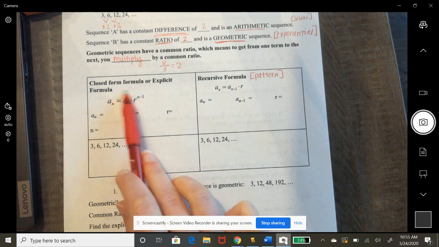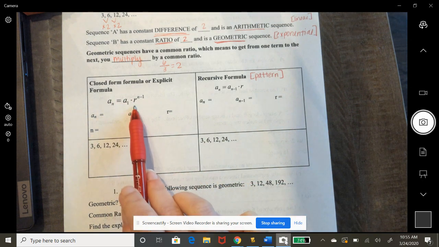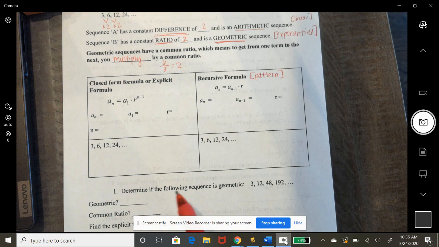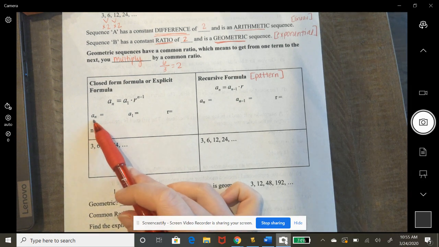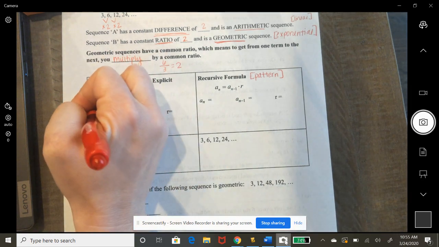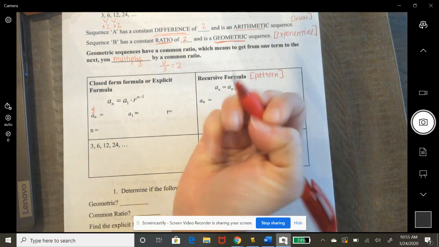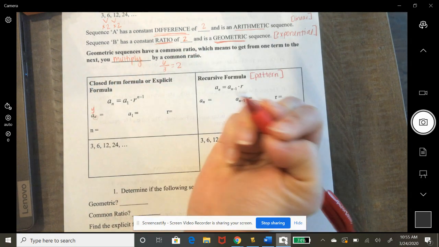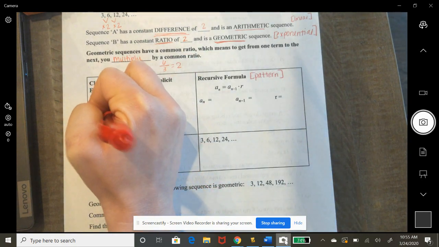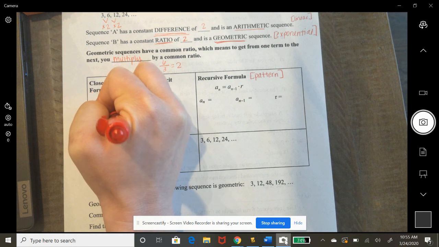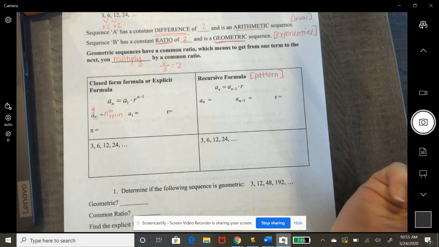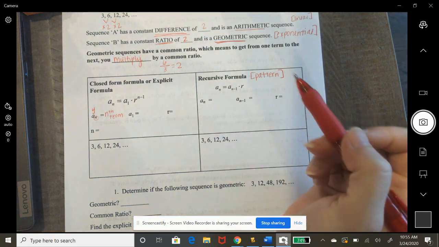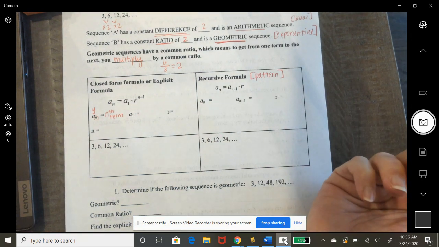Okay, so our closed form formula looks like this, and we've got all different types of variables going on. So the first one is a sub n. It's kind of like your y equals, and that n represents the term. So this is talking about the nth term. Okay, but when we're writing our function, we just write a n equals just like we write y equals.